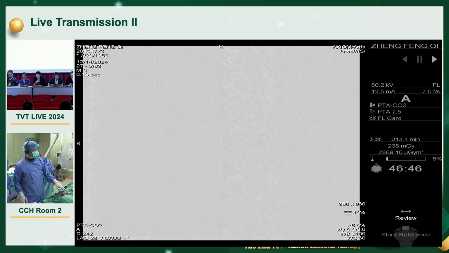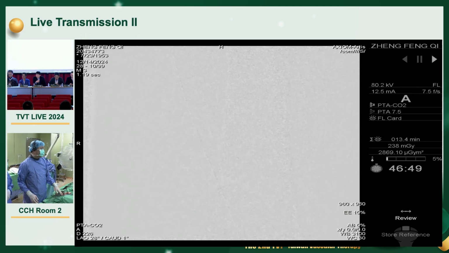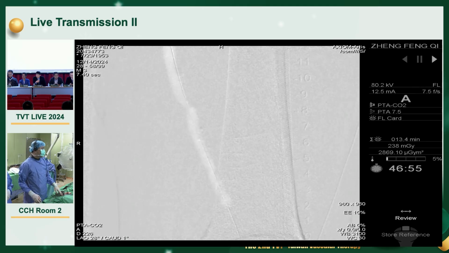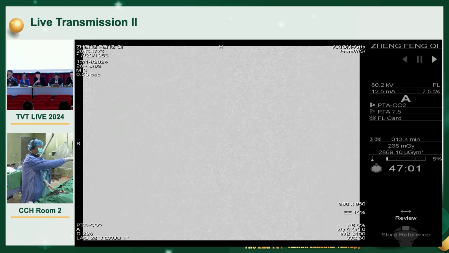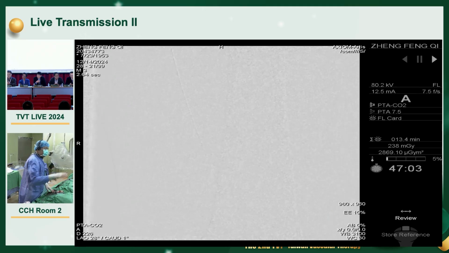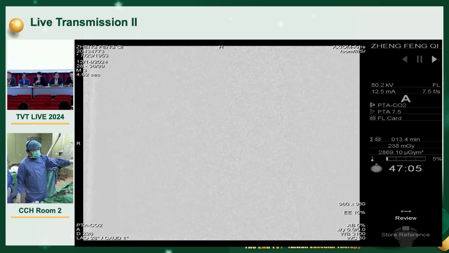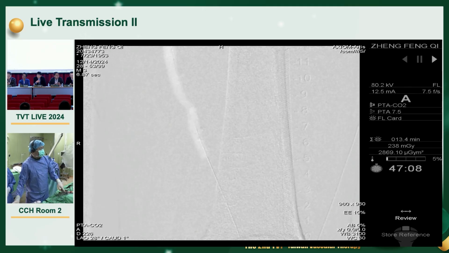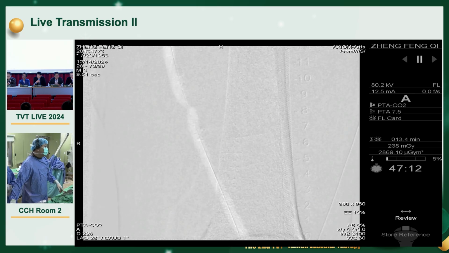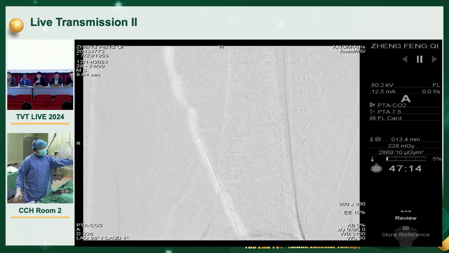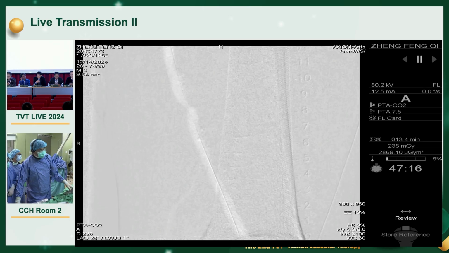We do the CO2 angiography, but it seems to be a residual stenosis, so we do the contrast angiography.